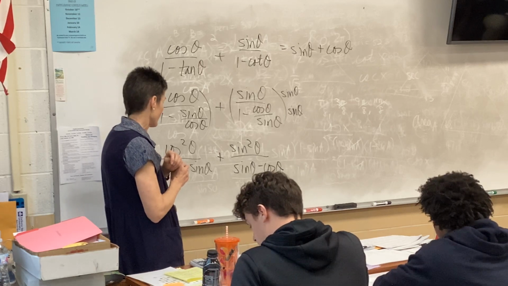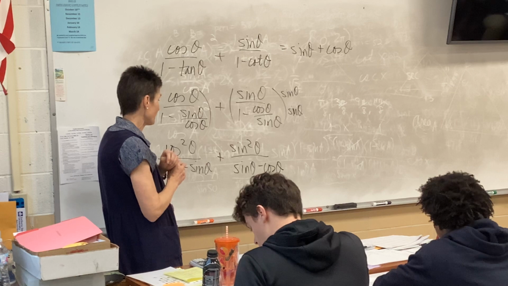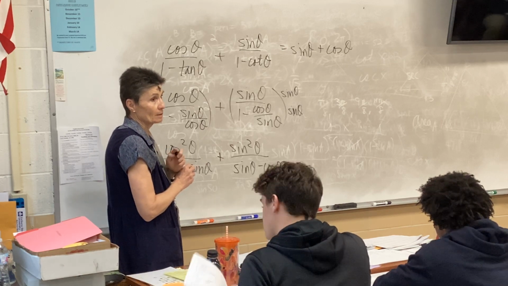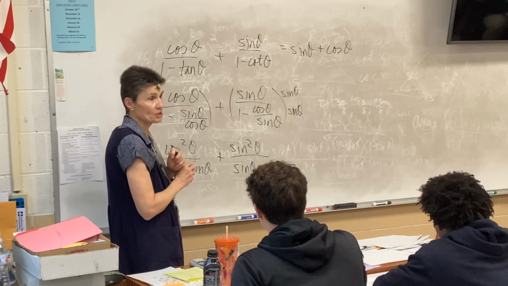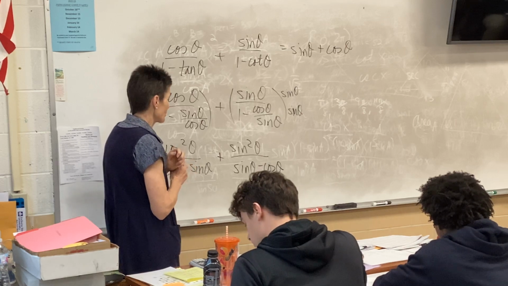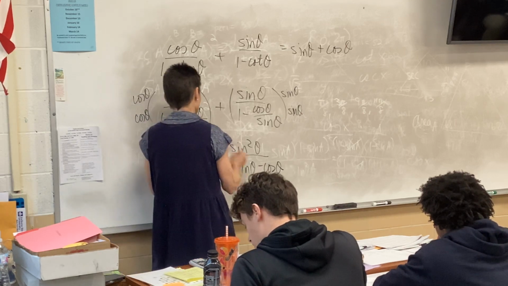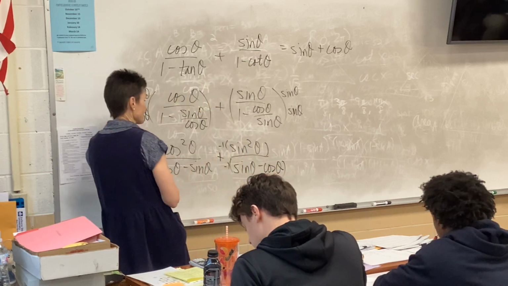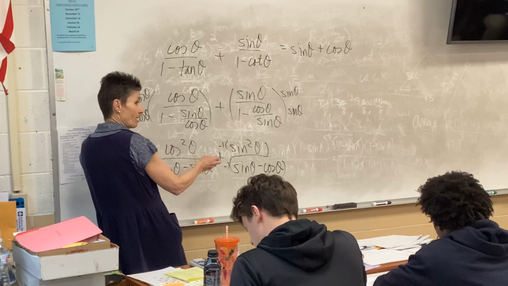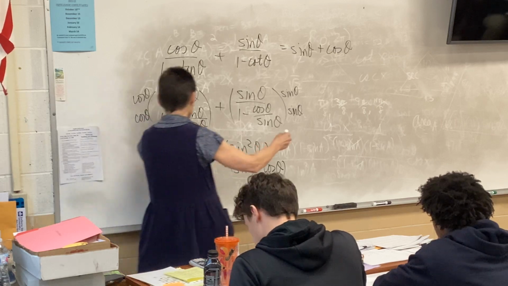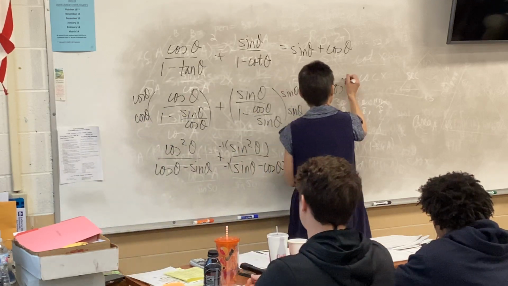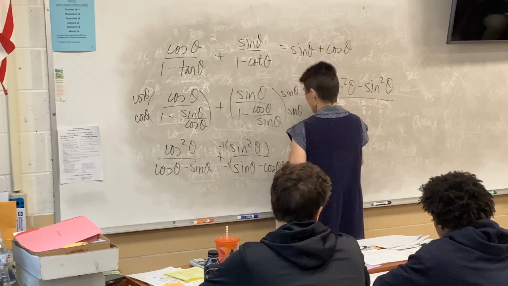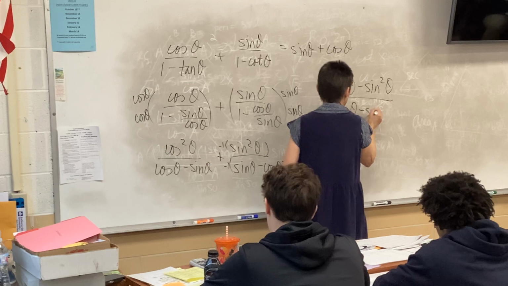Well, those denominators are almost the same, aren't they? Aren't they opposites of each other? So if I multiply this one by a negative, then I'll have the same denominator on both fractions. So now I've got cosine squared minus sine squared over cosine minus sine.